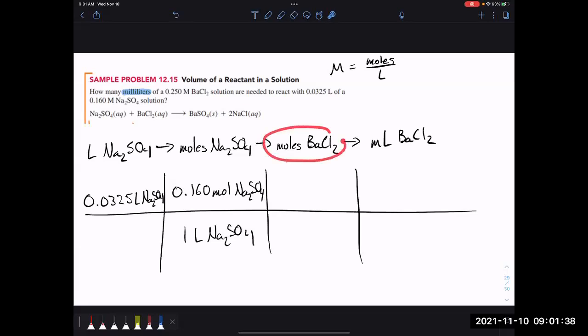And now we need to get to moles of barium chloride. So we can use our reaction equation. Easy enough, it's 1 to 1. So for every 1 mole barium chloride, we'd be reacting with 1 mole of sodium sulfate. Wait, I did that upside down.